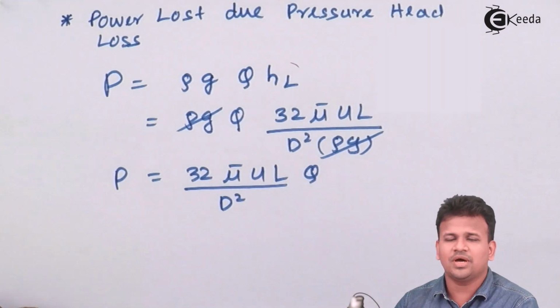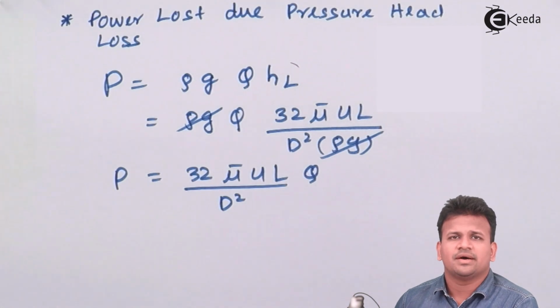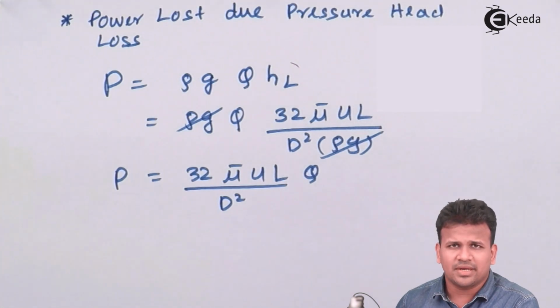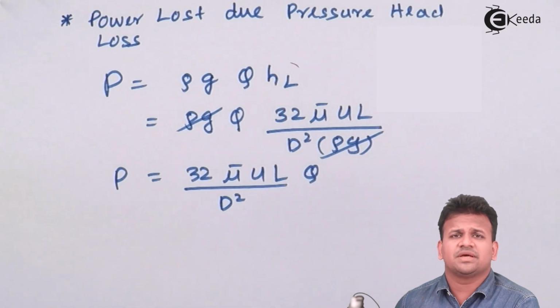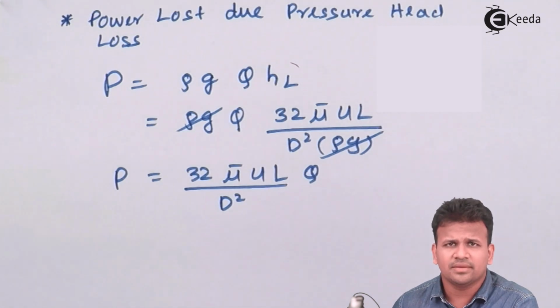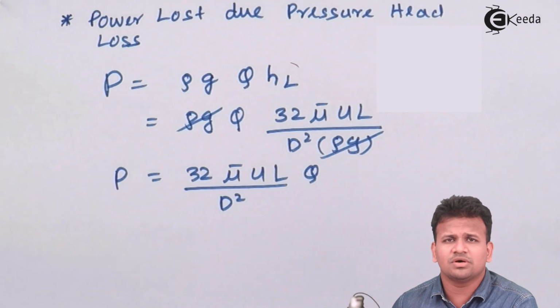So I hope you have understood what is the drop in pressure over a given length, and due to the drop in pressure, to overcome that pressure loss, we have some power lost. Thank you.